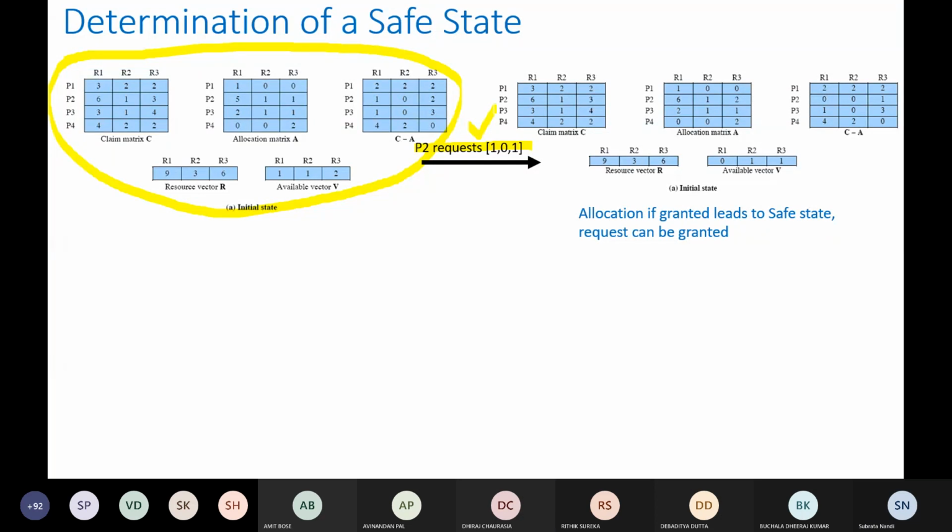Yes, sir. You see, we are not actually truly committing, but let us assume theoretically that P2 has been granted this request. Then what is going to happen? How are they going to change?